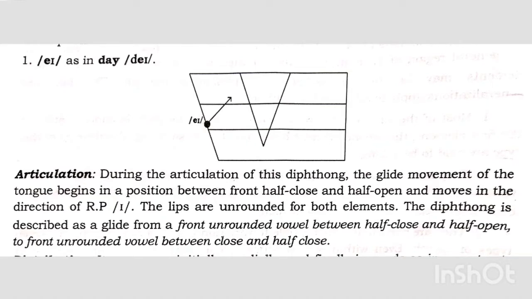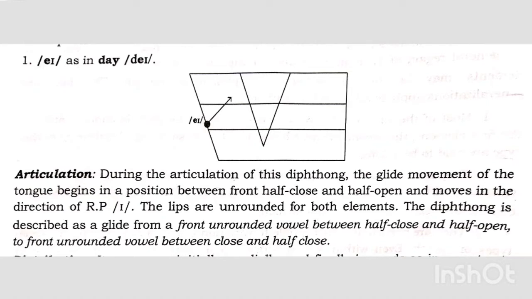So coming to articulation, during the articulation of this diphthong, the glide movement of the tongue begins in a position between front half close and half open.